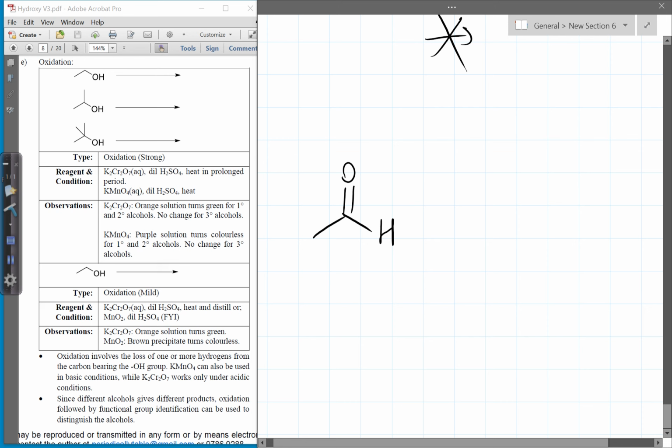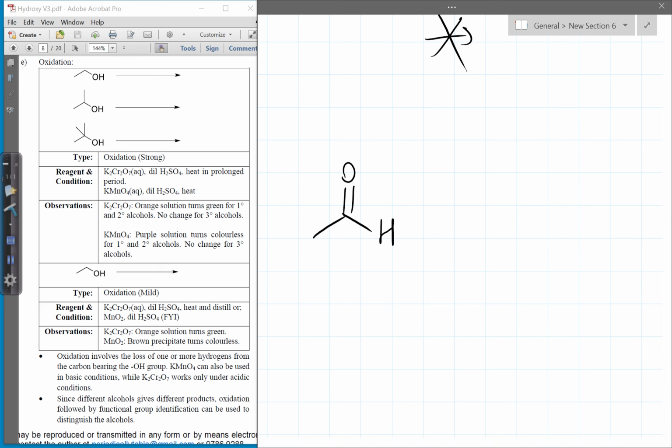You are doing this reaction because MnO2, after you oxidize it and in the presence of acid, you become Mn2+, right? Just like your KMnO4. After you oxidize your alcohol using KMnO4, you get Mn2+, correct? So for this same thing, you'll get Mn2+, which is colorless, right?